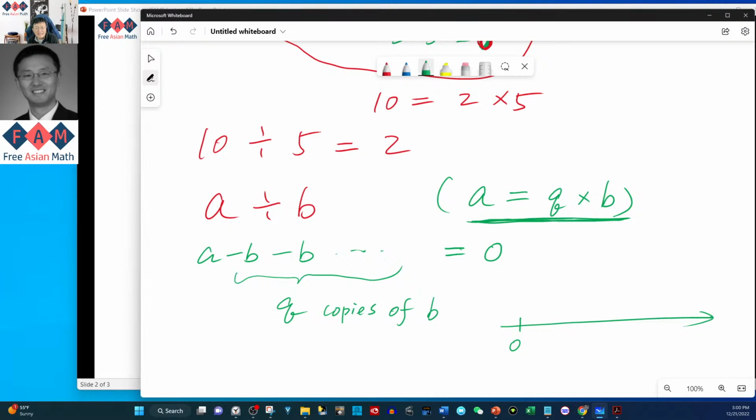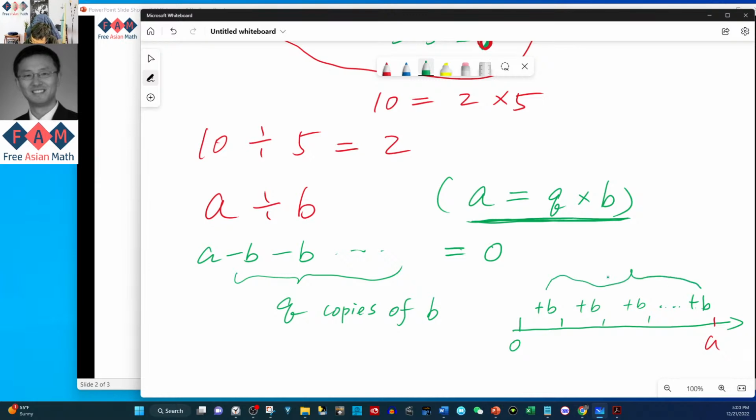Multiplication is just repeated addition, meaning that starting from 0, we will have to add B, add B, add B, performing that exactly Q many times to arrive at A. So now we are doing nothing but reversing this process.